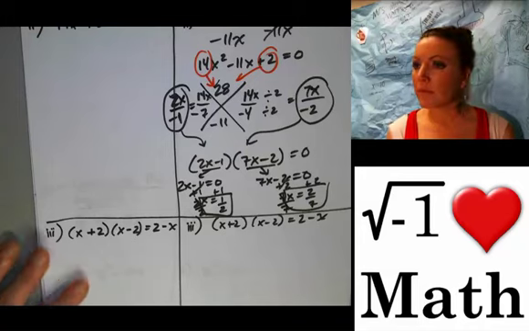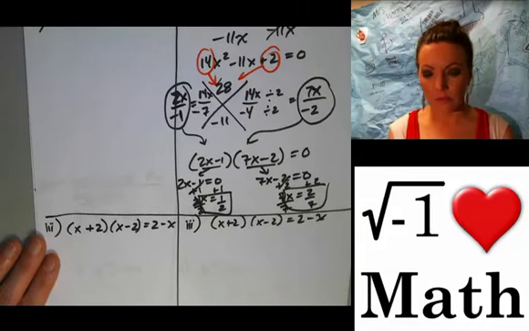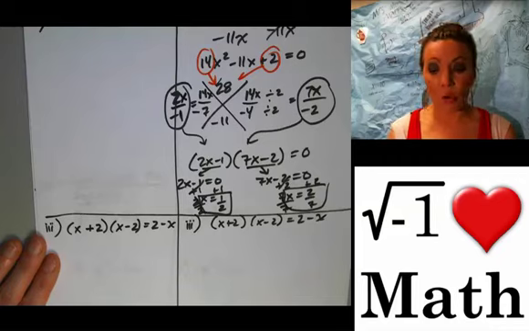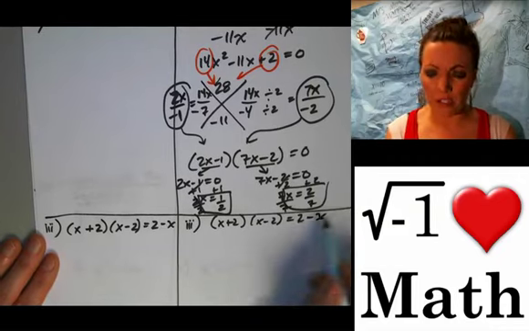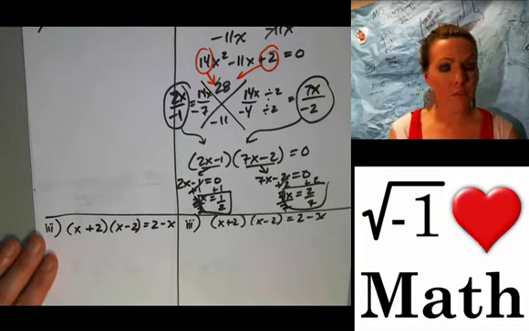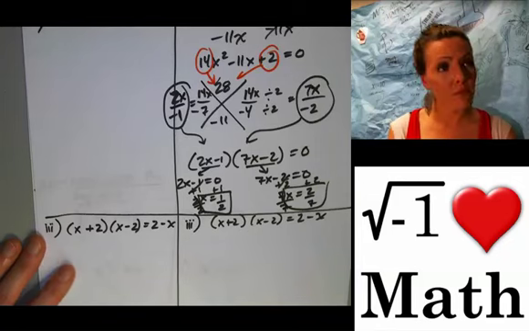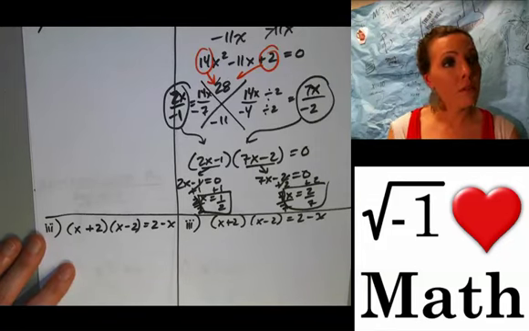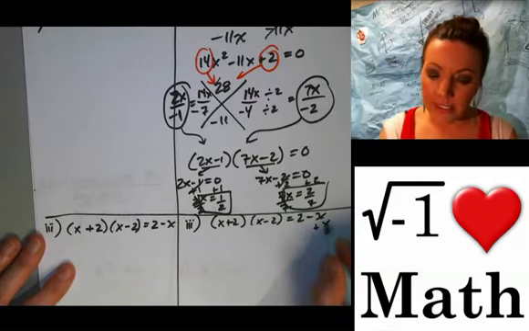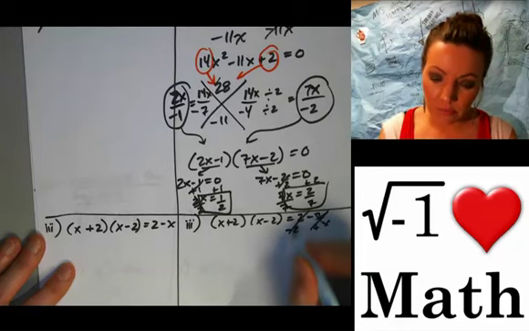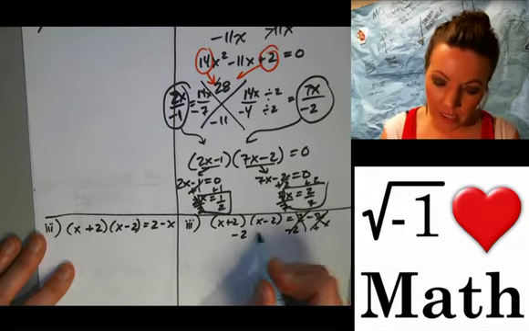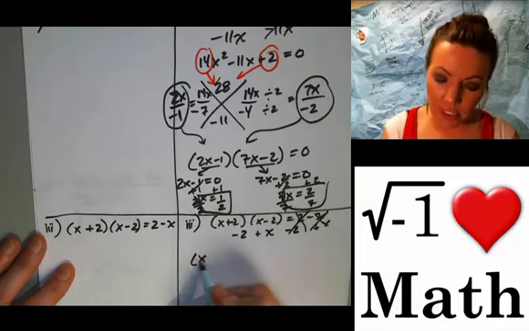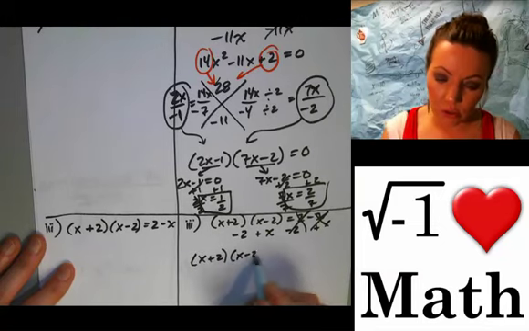I can't convert the whole term over, can I? This whole thing? If you wanted to, you could, but it might be easier to move these to the other side. Yeah, that's what I meant. So can I add x and subtract 2? Good, let's add x and subtract 2 at the same time. So we end up with x plus 2, x minus 2. I'm going to put the x first and then minus 2 at the end.